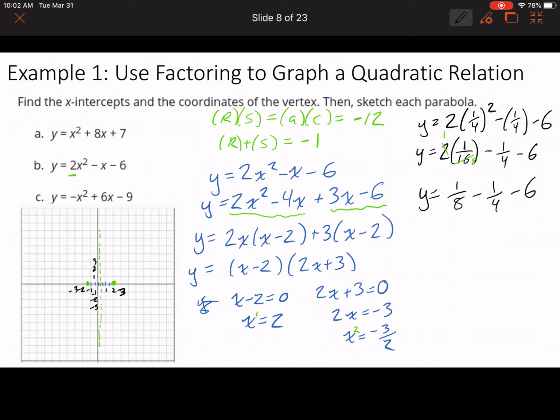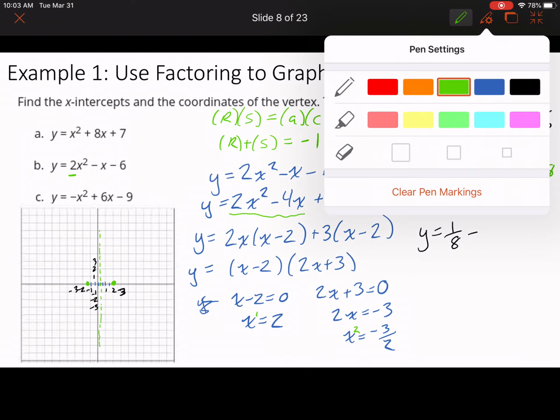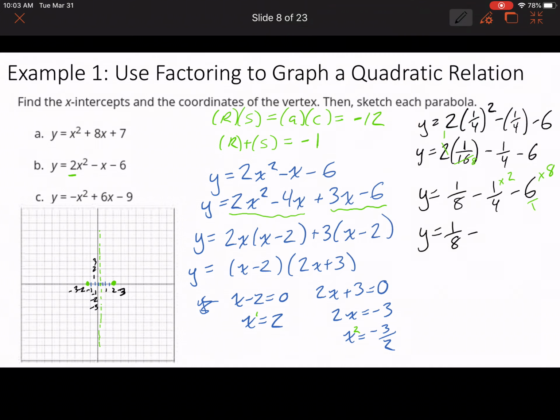Now we need to find a common denominator, and that would be 8. So y equals 1/8. In order to get 1/4 to have a common denominator of 8, we need to times by 2. In order for 6 to have a common denominator, 6 is technically over 1, so we need to times by 8. This is fraction work.